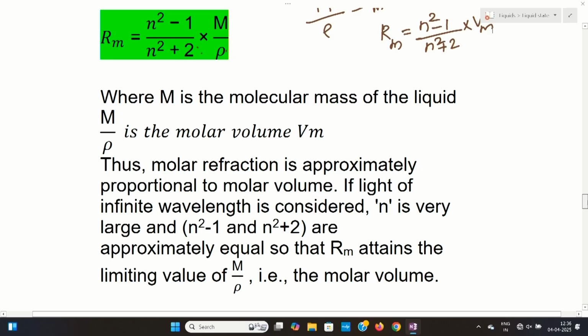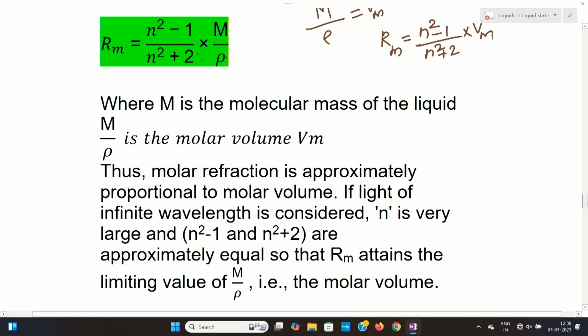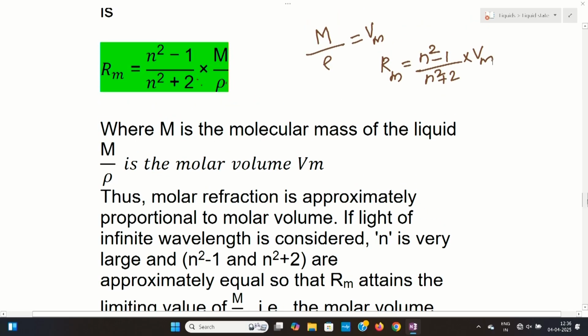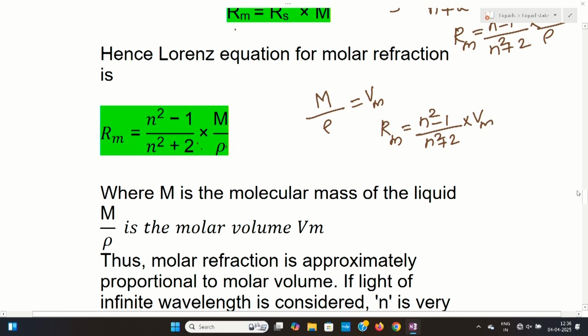If we use infinite wavelength of light, that means the wavelength of light is very high, at that time the n will be very large. When n is large, Rm attains the limiting value of M by rho. So if we have a high wavelength of light, the refractive index also will be large.